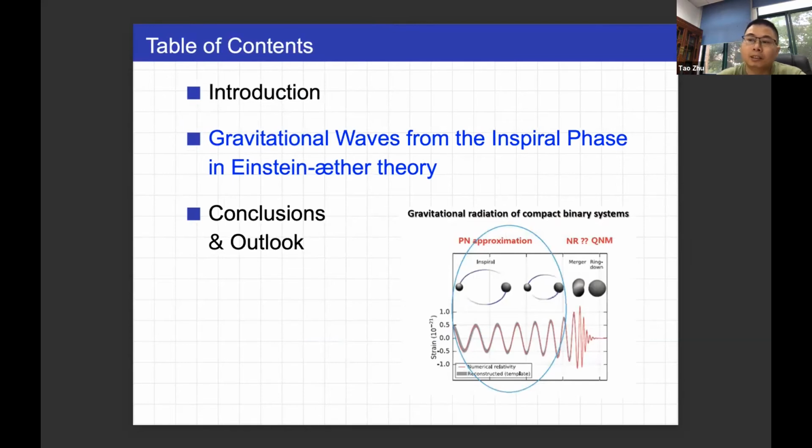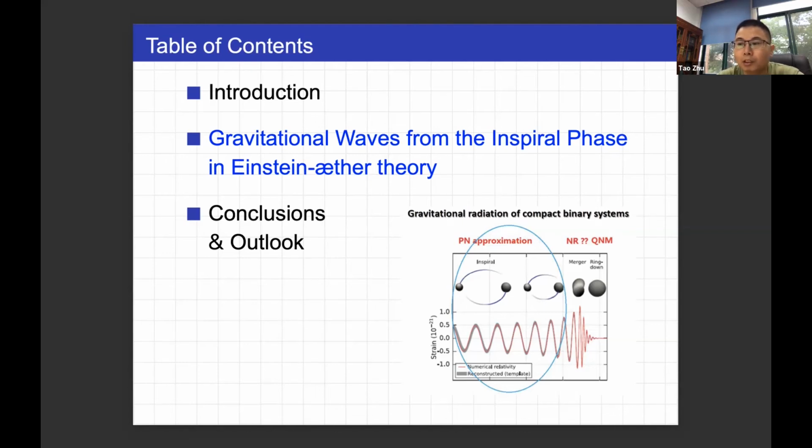This is just a quick outline of what I'm going to be talking about today. I will first give a short summary of the gravitational wave events observed by LIGO, Virgo, and KAGRA so far, followed by an introduction of gravitational waves in modified gravities.